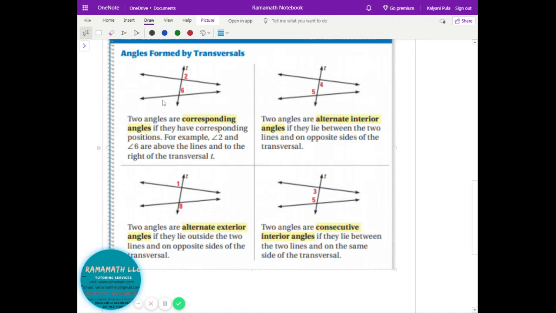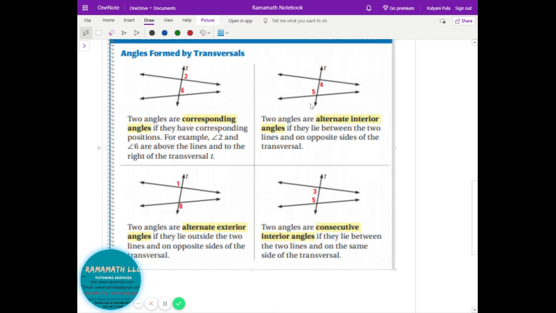So when two lines, and these are not parallel lines, are crossed by a line that's called the transversal, these two are called corresponding. 2 and 6 are corresponding. 4 and 5 are interior alternate, or alternate interior, and then 1 and 8 are alternate exterior. 3 and 5 are the consecutive same-side interior angles. They're next to each other, but they're interior angles.